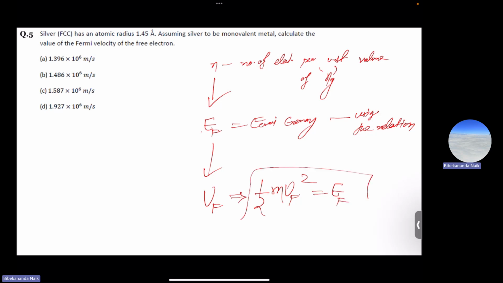So these are the 3 steps to solve this question. I'll give you a few minutes to solve it, and then I will calculate what the correct option is.